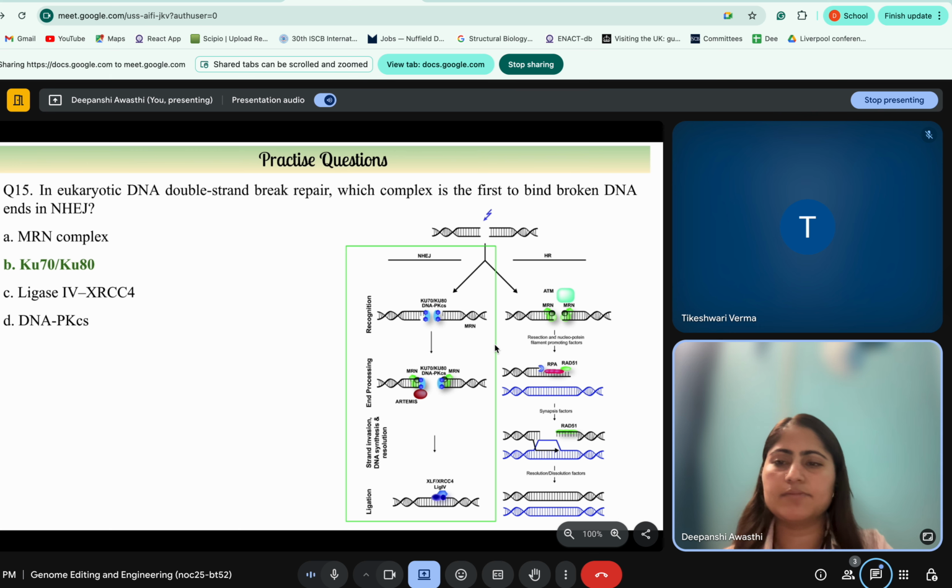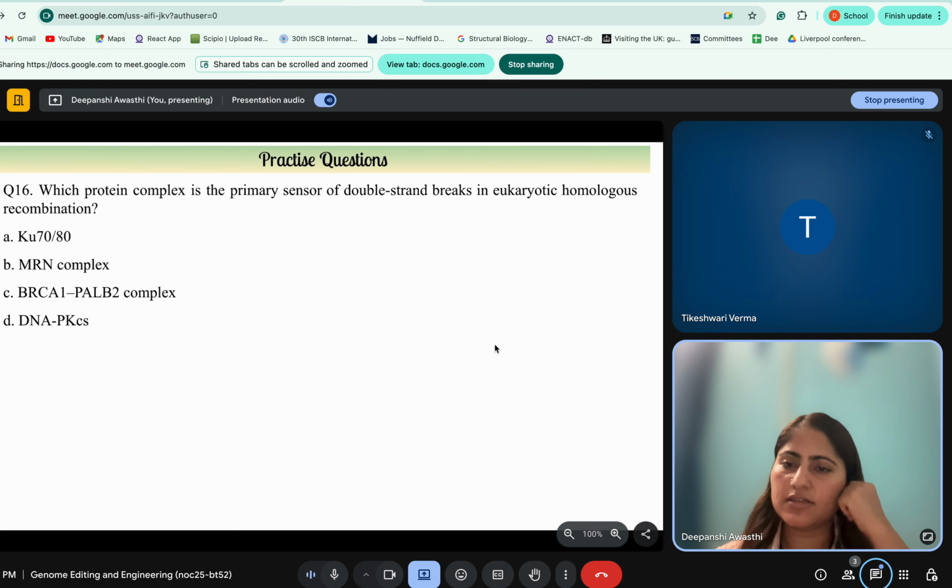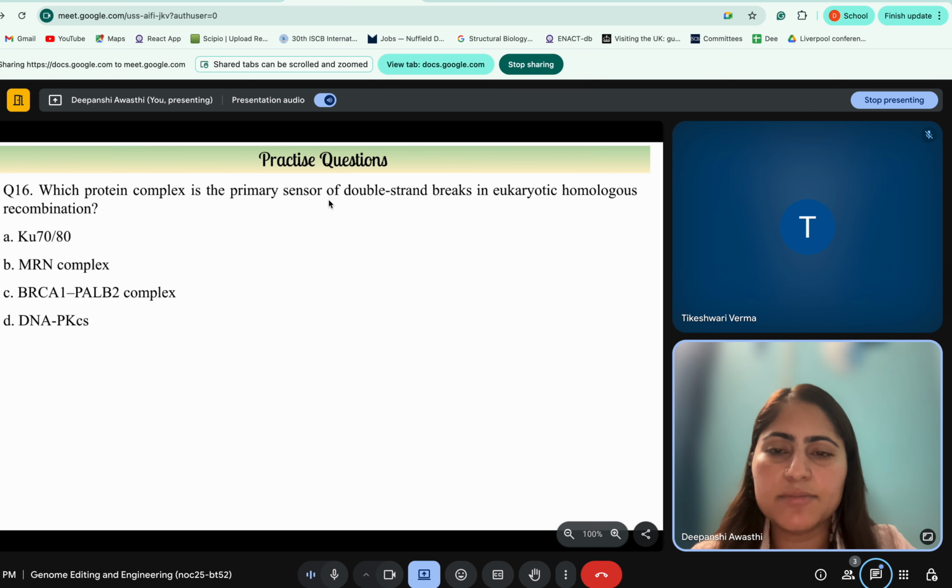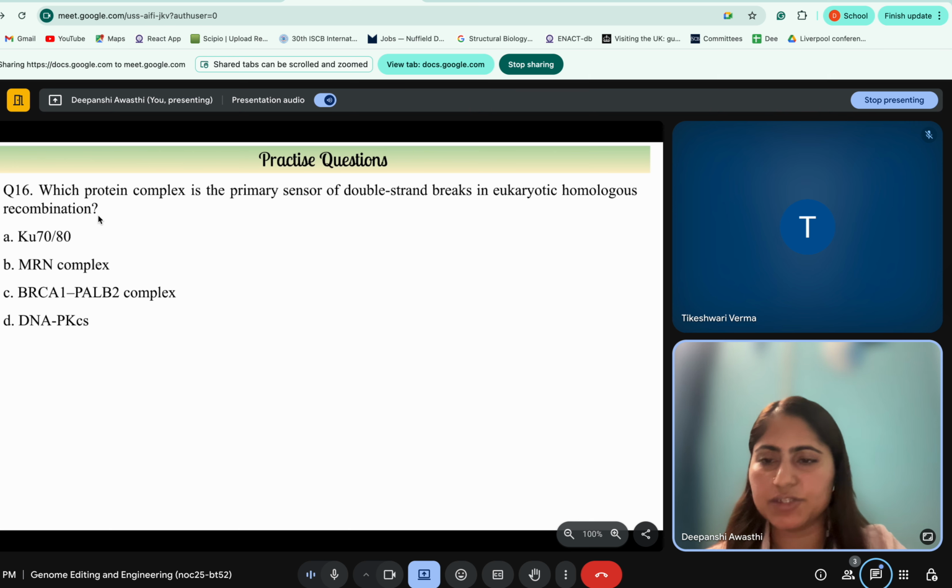Okay, so next question is, which protein complex is the primary sensor of double strand breaks in eukaryotic homologous recombination? Option A Ku70/80, option B MRN complex, option C BRCA1-PALB2 complex, and option D is DNA-PKcs.